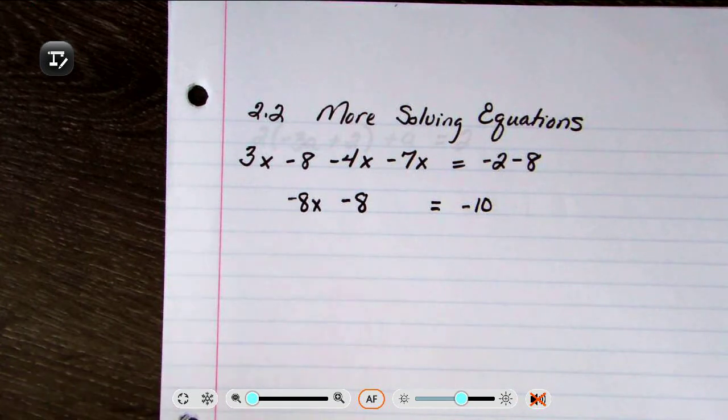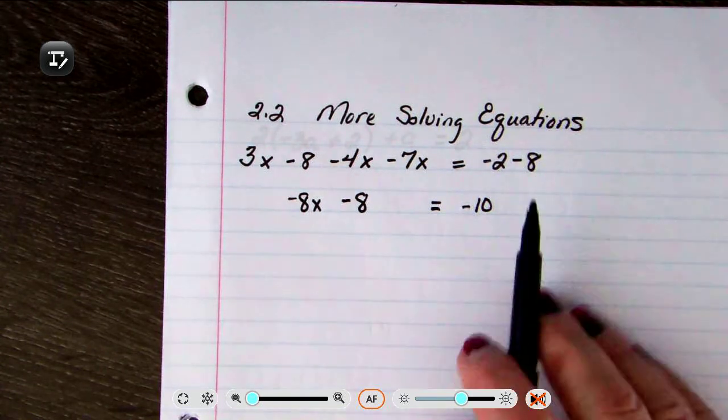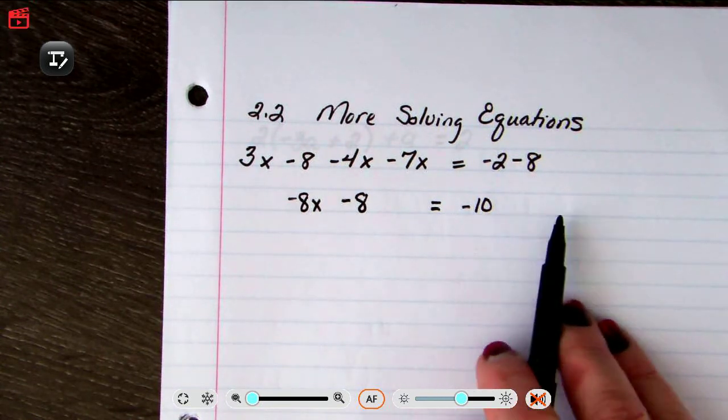All right, the next thing I do is I try to get all of my x's on one side, or my variable on one side, and the constants or the numbers themselves on the other side. My x's in this problem is a variable, and it already is on one side. I do not have any x terms over here.